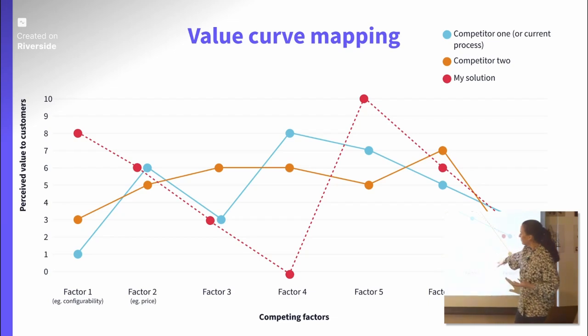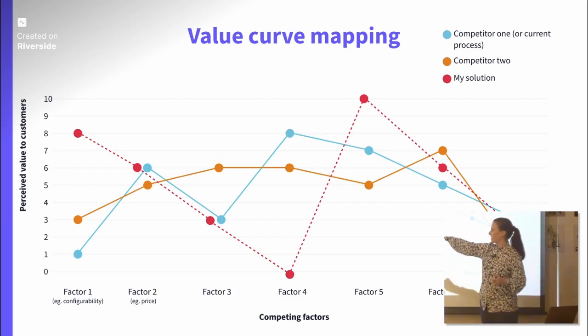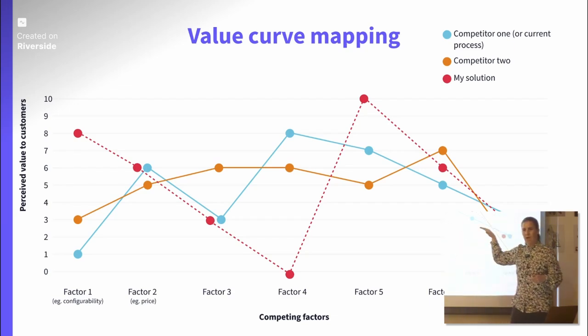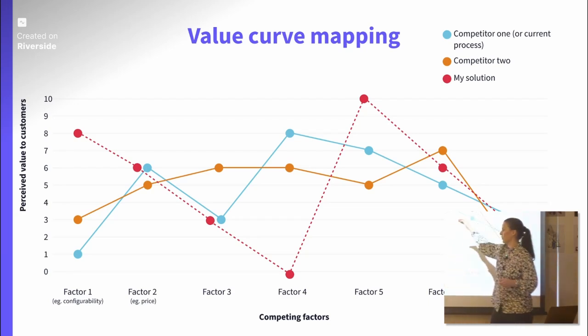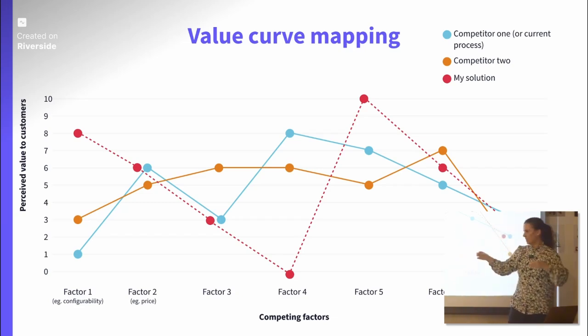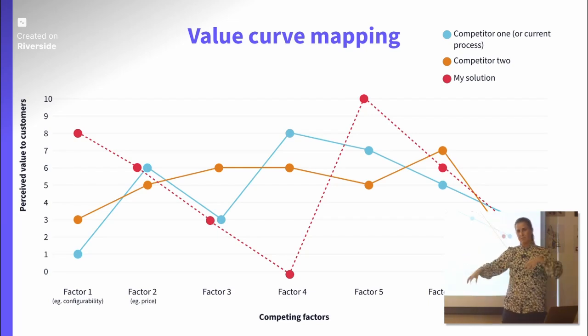So we can look at the competition, how your competition is placed there, how your product or your business is currently placed there. And then the most interesting thing is that you can then increase an element, decrease, eliminate, or create, and that's the exercise, right?